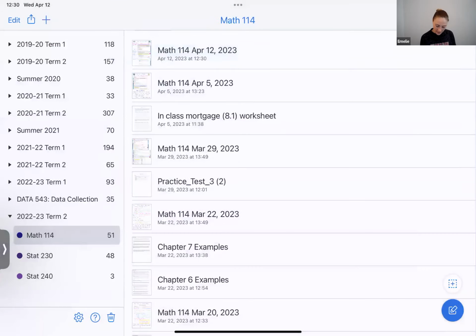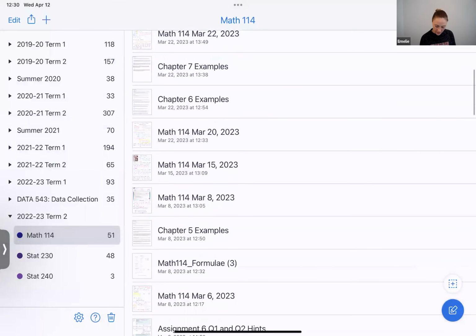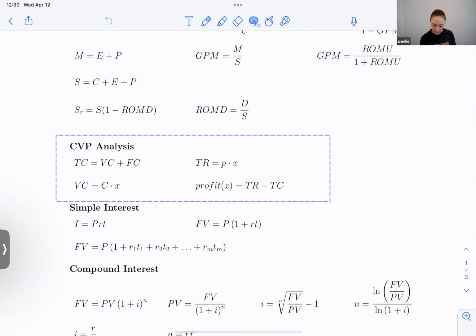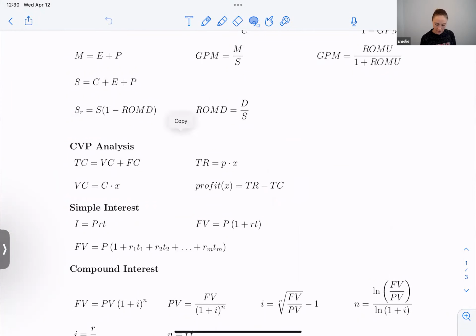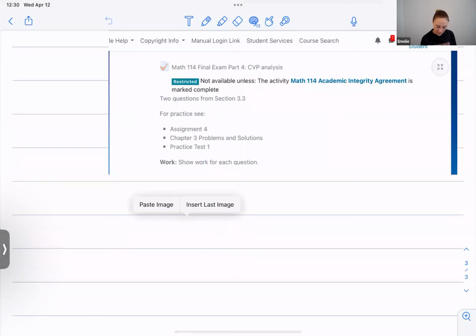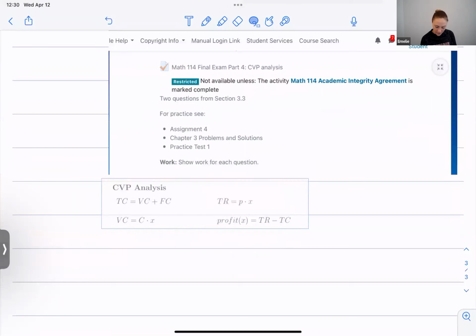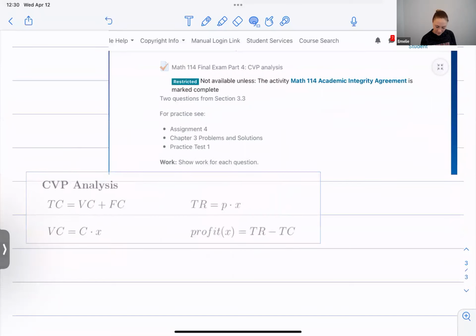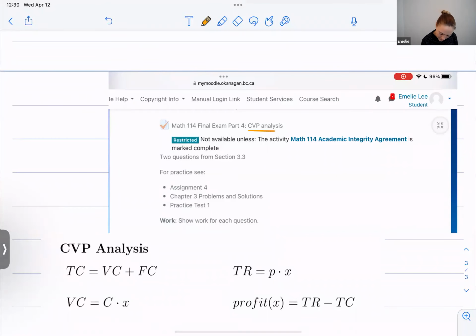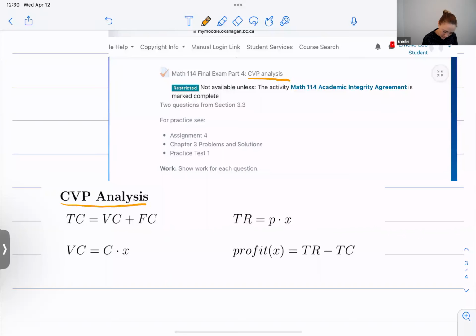So CVP analysis on your formula sheet is the next part down. Do you remember? Well, you will remember creating the profit function, solving for how much profit can I make if I sell 40 units, for example, and just working with these guys.